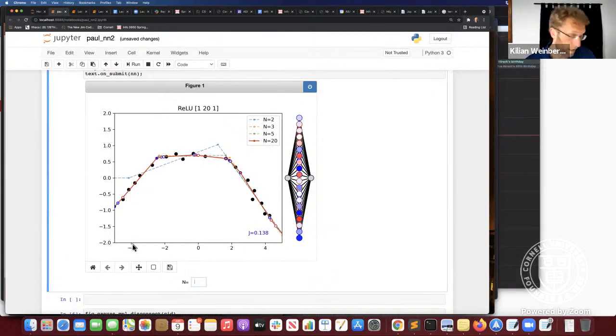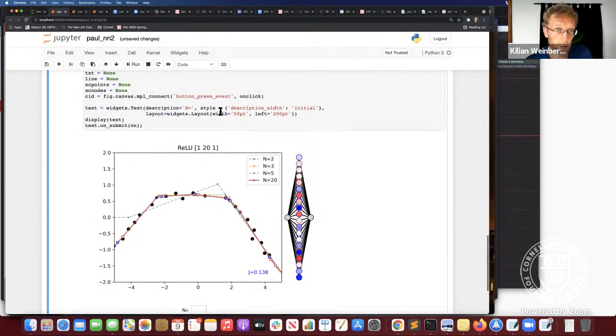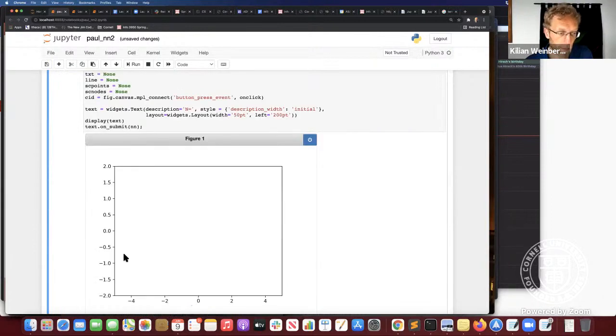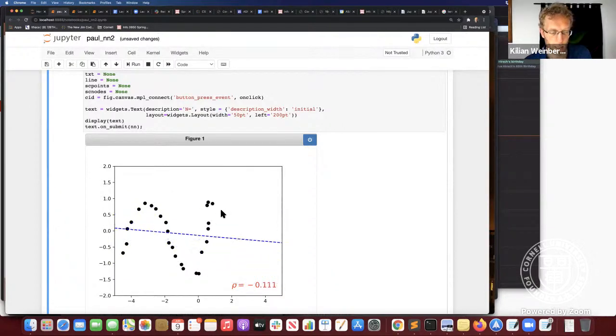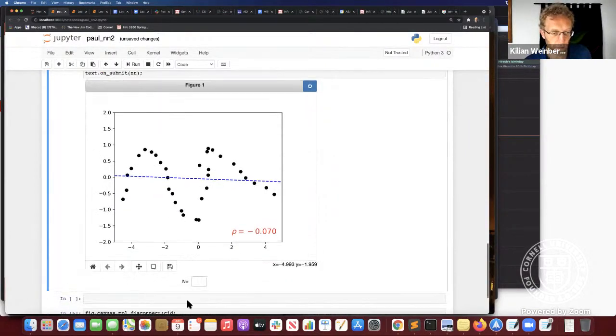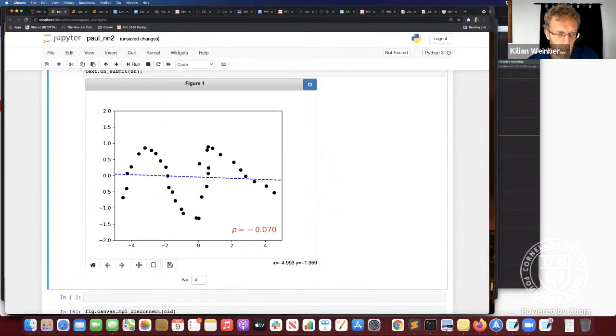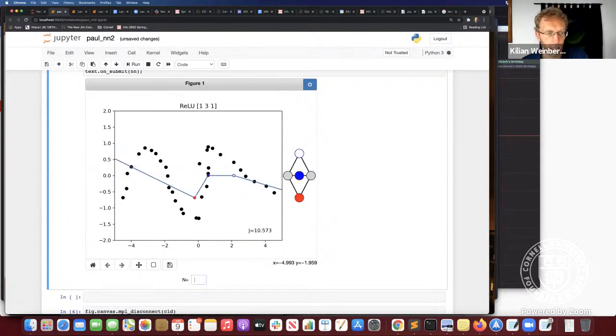Maybe I can do a data set that's a little bit more challenging. So here, okay, good. If I now have maybe 3 kinks, you see that's not enough.